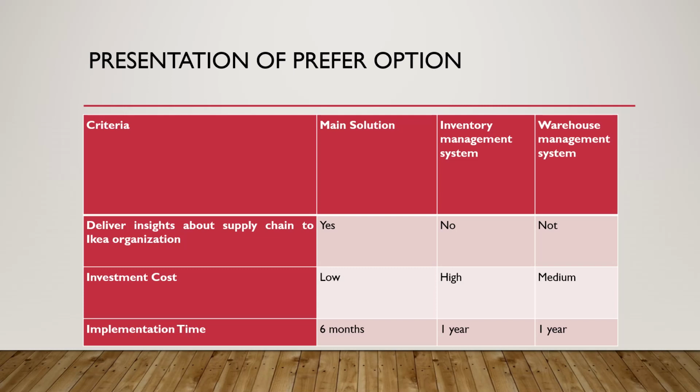The main solution provides proper insights about the supply chain of IKEA to improve how much stock could be managed. The cost of implementing the solution is rather low compared to the other alternatives. The time required for implementing and training users on the new systems would be rather low for the data analysis system compared to the other alternatives being considered.